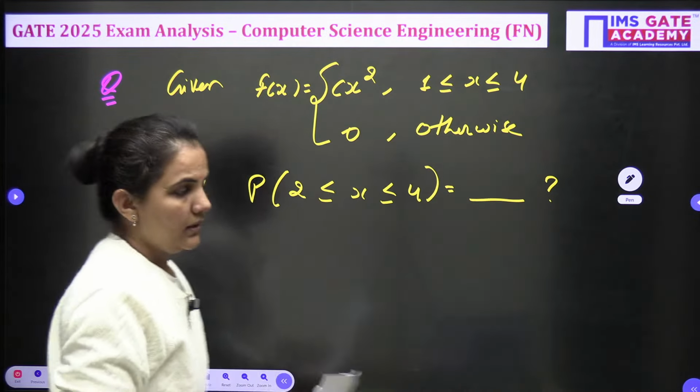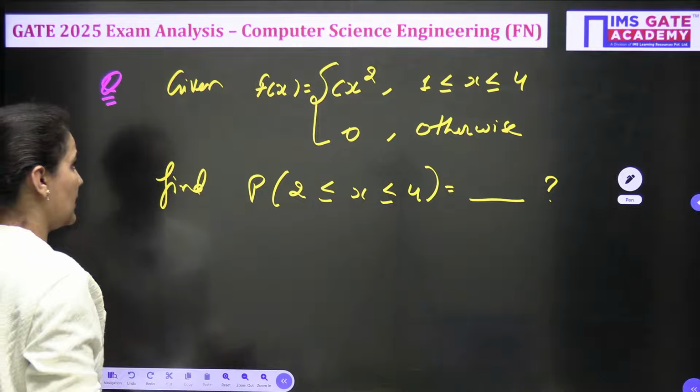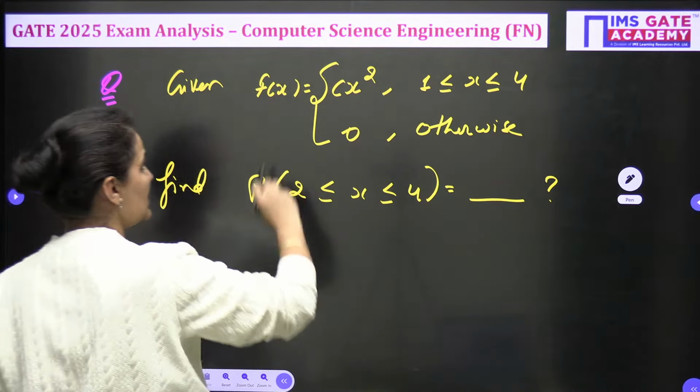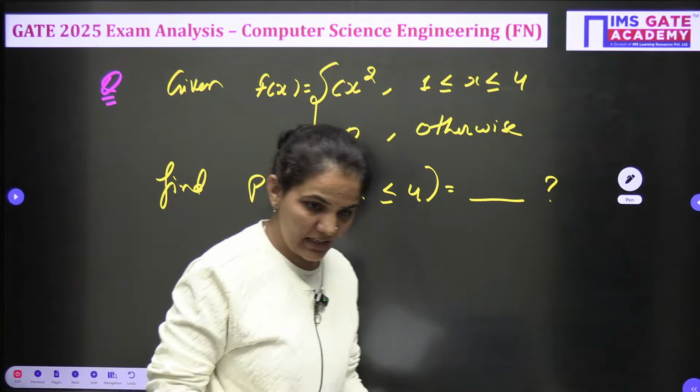Okay, according to my data, if this is the question, then how can we solve it? First of all, C is an unknown quantity, and the value of C is not given.